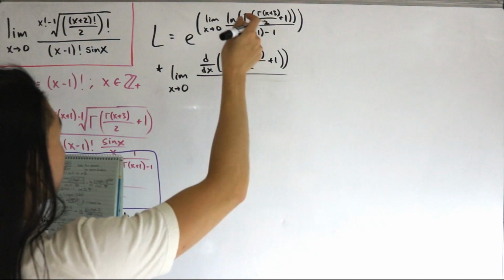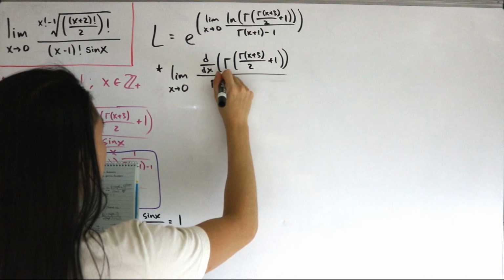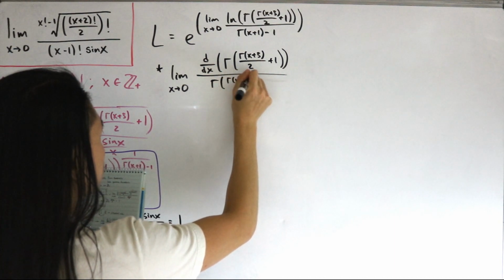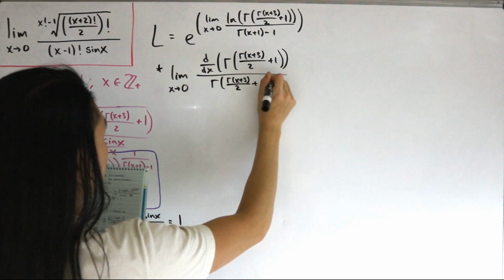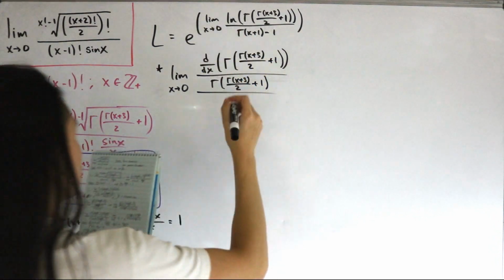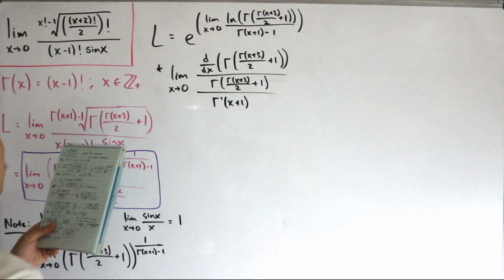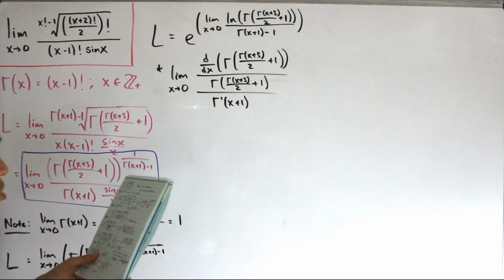Then under the denominator, we're just taking whatever that input is, so gamma of x plus 3, then divided by 2, add this with 1. Under that denominator, we're taking the derivative of this, which we're just going to leave as gamma prime of x plus 1, and minus 1, of course, the derivative is just 0, so we're just going to leave that the way it is.